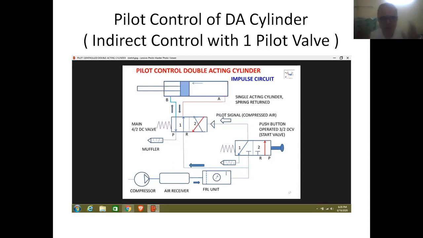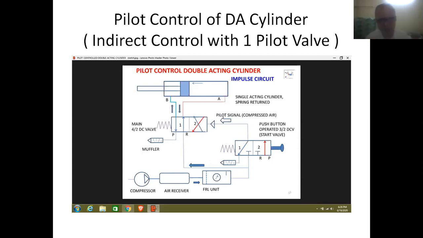So friends, when the circuit is running, both the valves will come to first position for performing the forward stroke of the piston, and both the valves will come to second position for performing the return stroke of the piston.